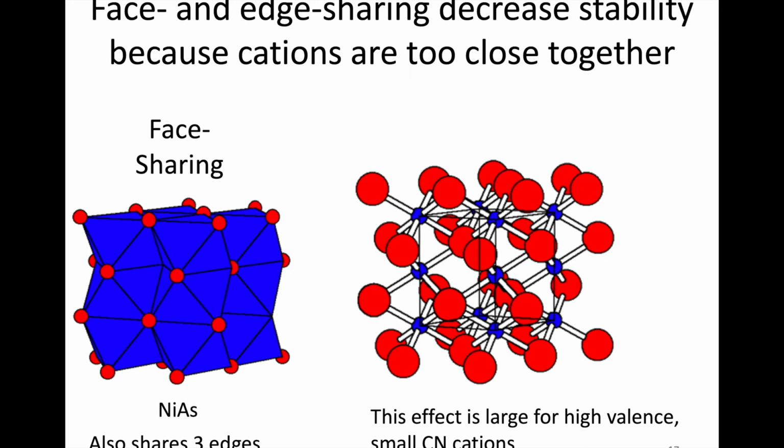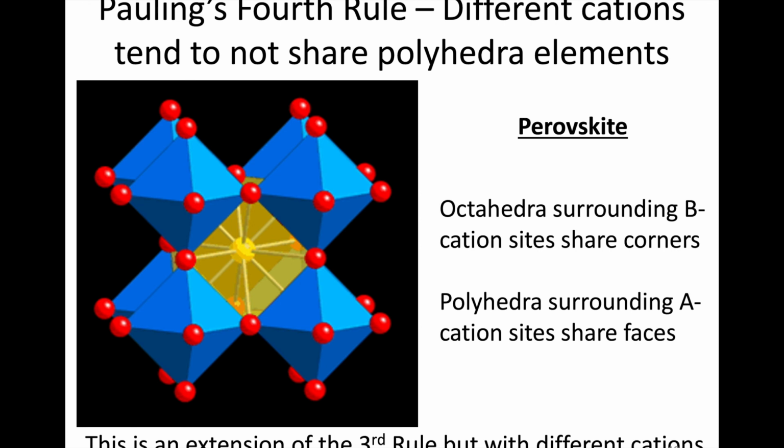All right, so let's look at the fourth and fifth rule now. So the fourth, like I mentioned, is for when we have different cations. This is going to be for more complex multi-cation structures, not the binary ones that you're probably most familiar with. But the idea here is that those different cations tend to not share polyhedra elements.